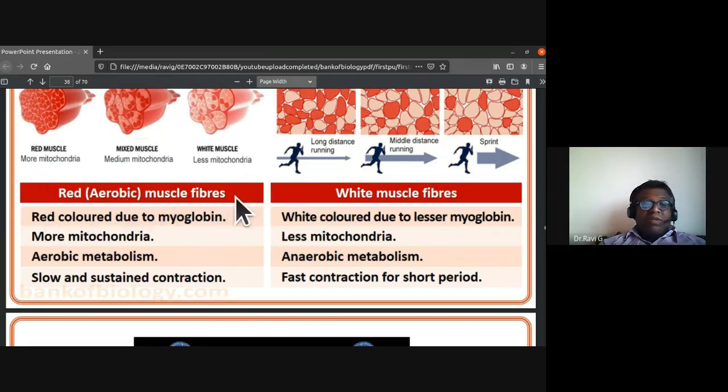Red or aerobic muscle fibers are red in color due to myoglobin. White muscle fibers are white in color due to lesser myoglobin. Red muscle fibers have more mitochondria, and white muscle fibers have less mitochondria. Aerobic metabolism takes place in the red muscle fibers, and anaerobic metabolism takes place in the white muscle fibers.